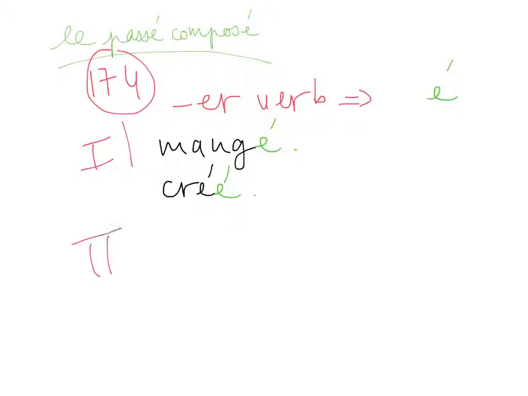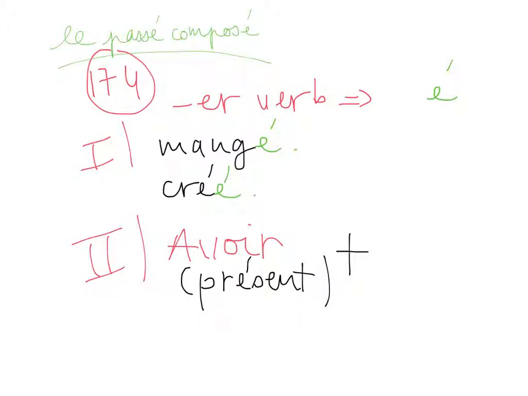Second thing you should remember is that passé composé means composed passé. Why composed? Because we use two verbs. The first one is avoir, very important in the present tense, au présent, as you all know. And we will use our past participle.